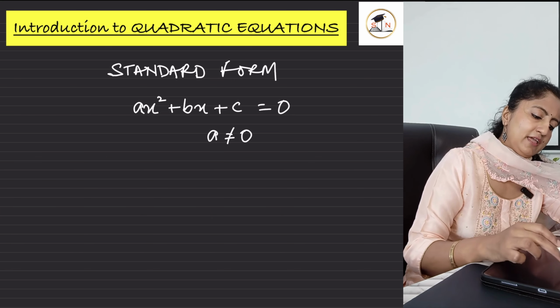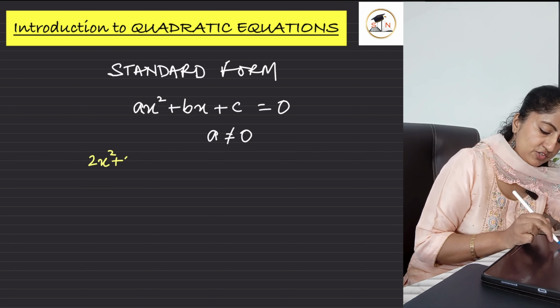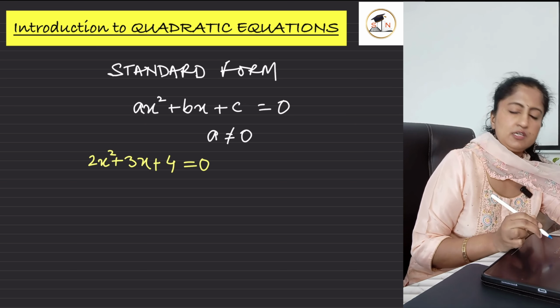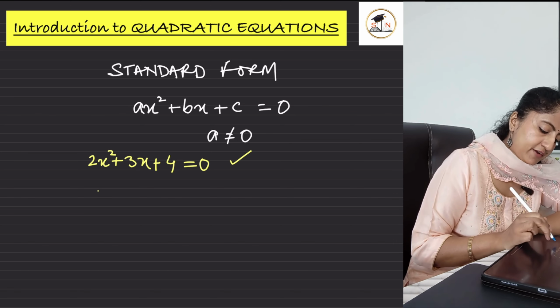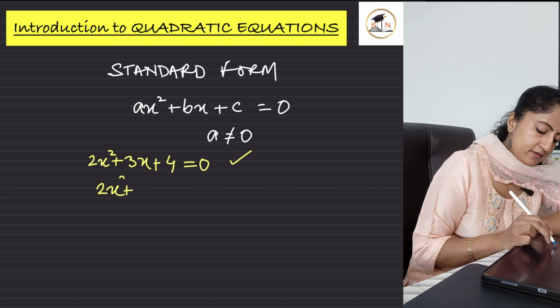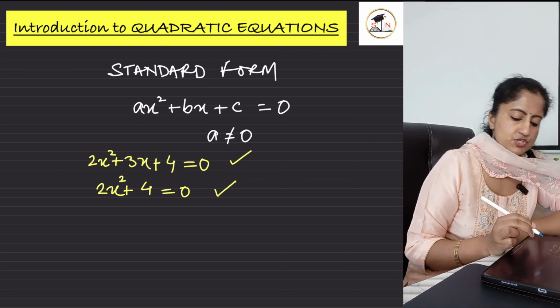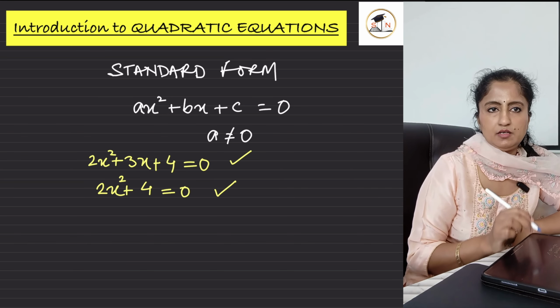For example, if I write now 2x square plus 3x plus 4 equals 0. That means this is a quadratic equation, right? If I write 2x square plus 4, this is also a quadratic equation because we have a term having x square, right?